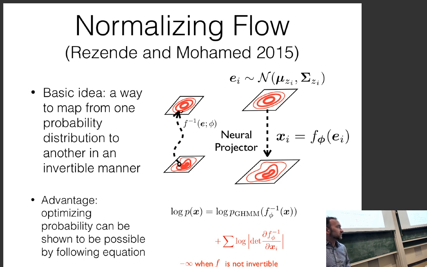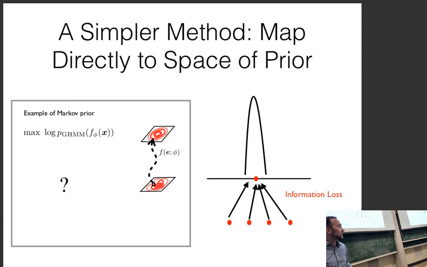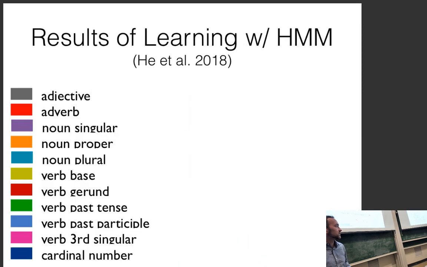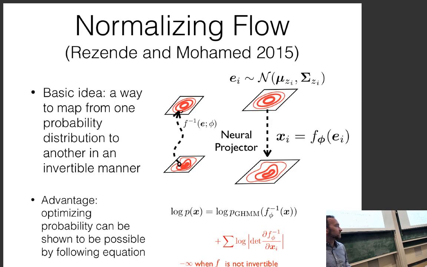And intuitively, if f is not invertible, like for example, if we had this degenerate function that mapped all of the points onto this point, this log determinant of the Jacobian would essentially become negative infinity.